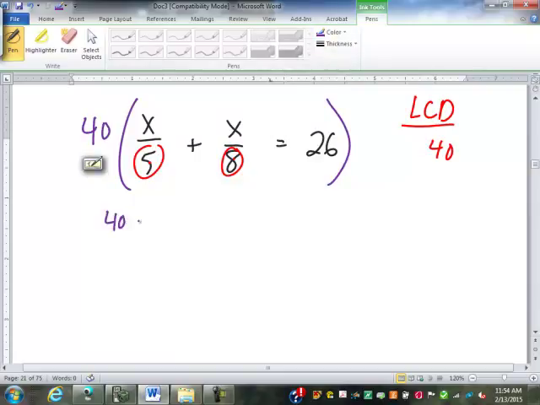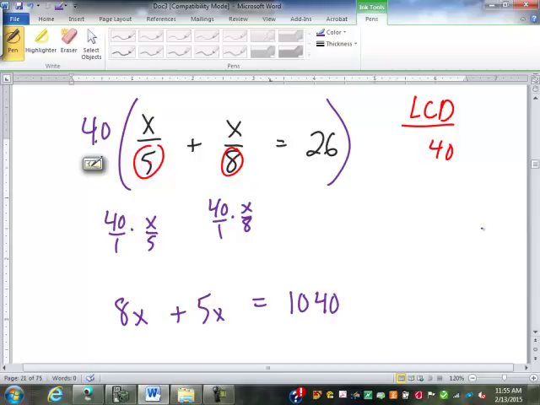So I have 40 times x over 5. If I treat that as 40 over 1, 40x over 5 is just 8x. I'm going to do 40 times x over 8. Again, 40 over 1, 40x over 8 is just 5x. 40 times 26, I believe, is 1,040.